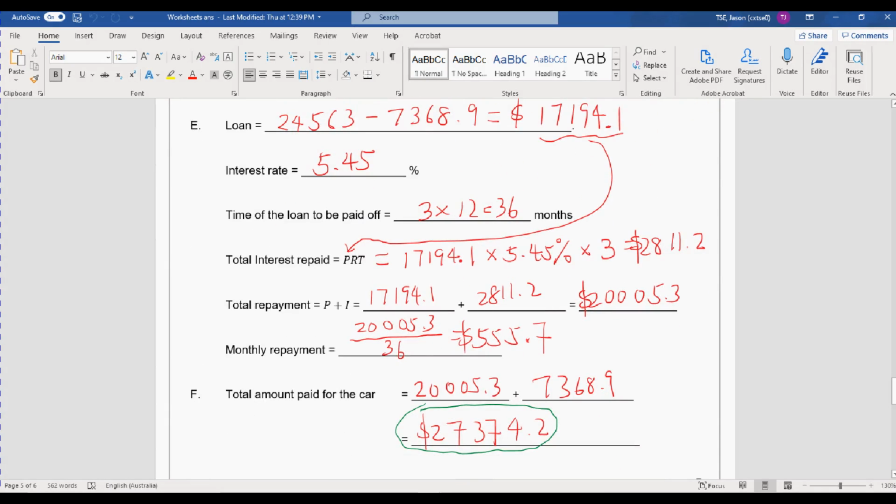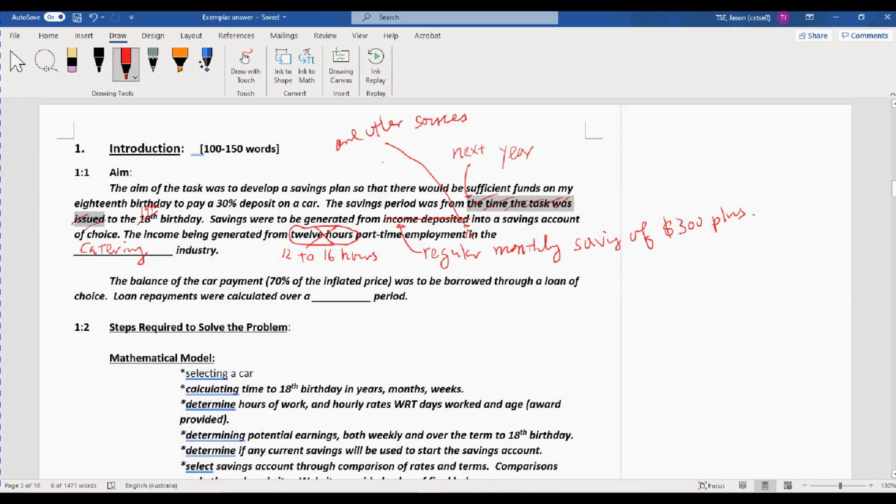Time of the loan to be paid off. If your decision is to pay it off in 36 months or 3 years, you need to say something here. Over a 3 years period, or you might say a 36 months period, right?